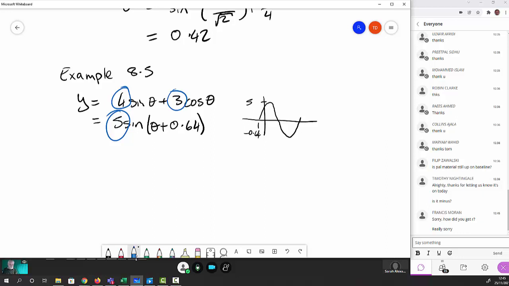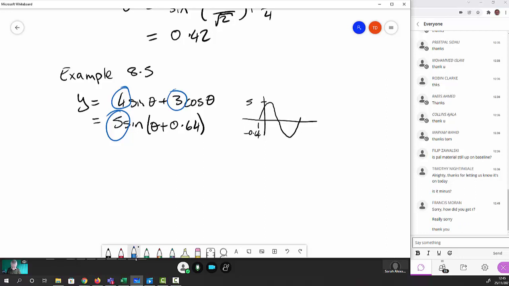So the square root of 25 is the 5 that we've got there. That's where the 5 came from, and that's the R value, isn't it? Is that okay? And then the phi value there is the arctan of 3 over 4. So that's where we started.